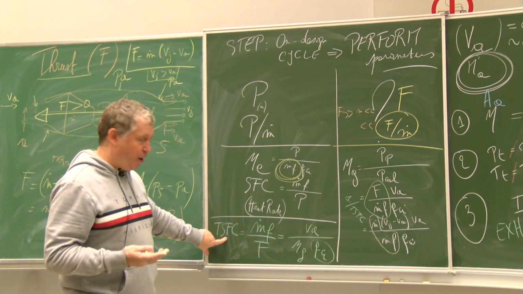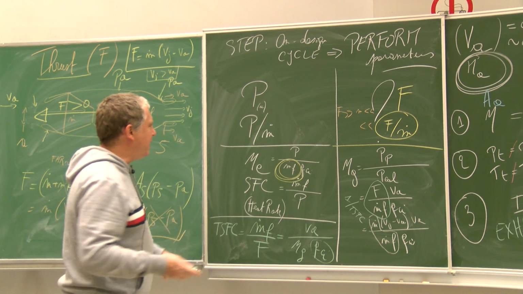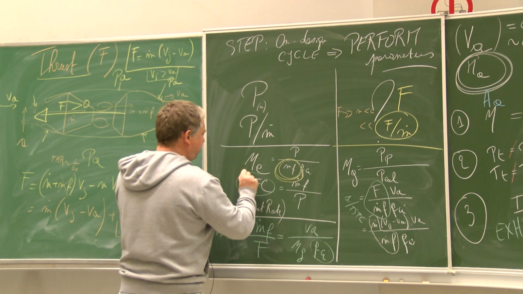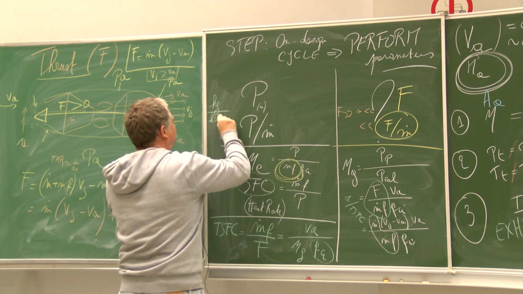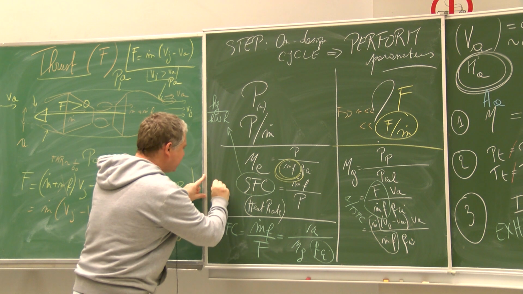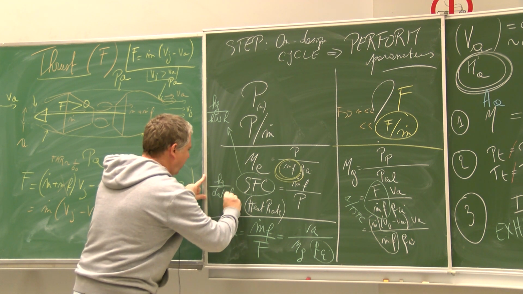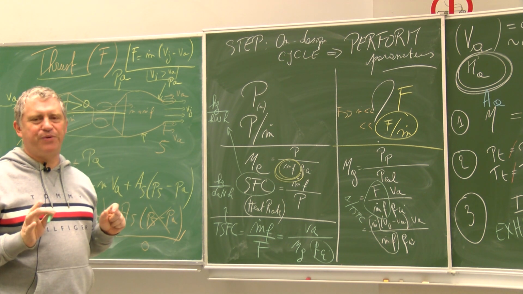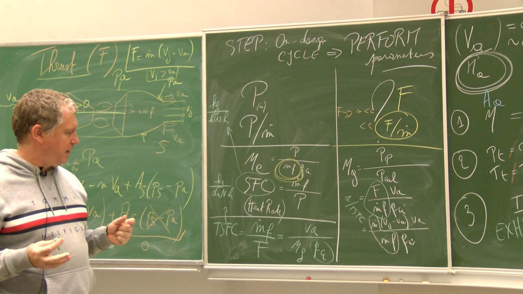And this is a parameter with a strange unit. Here, the SFC, it was in kilo per kilowatt hour. Here, these are kilo per decanewton hour. Very strange unit, or kilonewton or newton hour.